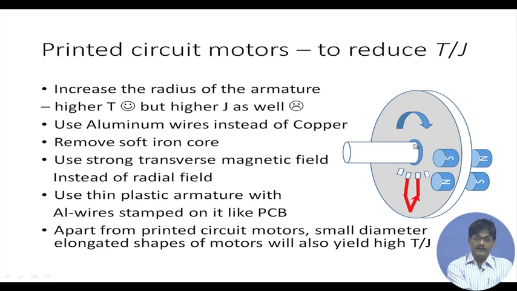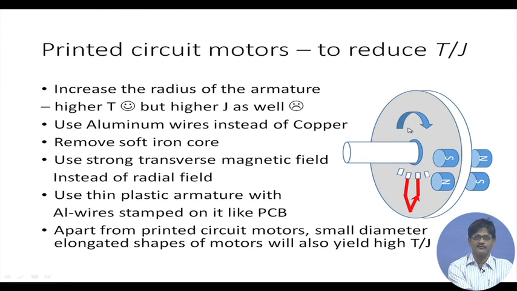Add to it the fact that we usually have a soft iron core at the center of the armature to make the field perfectly radial, but now there is no radial field to start with. So there is no question of keeping that soft iron core in the middle, and it is done away with, and therefore this armature becomes extremely light from all these considerations.